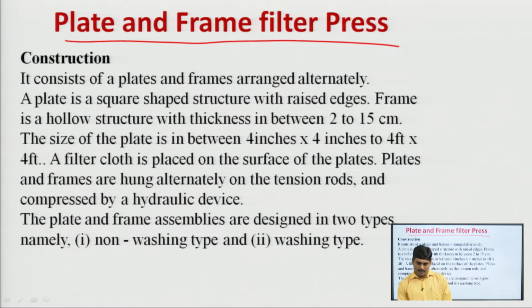Now, construction of plate and frame filter press. As the name suggests, plate and frame, that means two things we are using, one is plate, another one is frame. Both are used combinedly in a filter press, then that filter press is called plate and frame filter press.